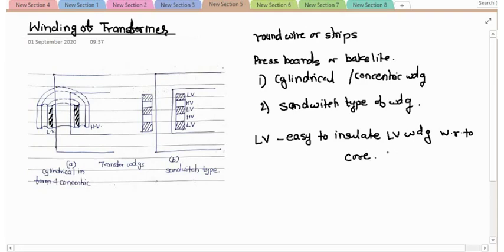Whereas in the sandwich type of winding, which is shown in figure B, the windings are divided into a number of small coils, and these coils of high voltage and low voltage windings are interleaved. The top and bottom coils, which are near the core, are of low voltage winding. So the uppermost coil and lowermost coil of the sandwich winding is always an LV winding coil.